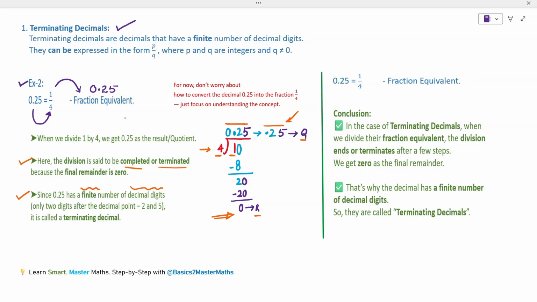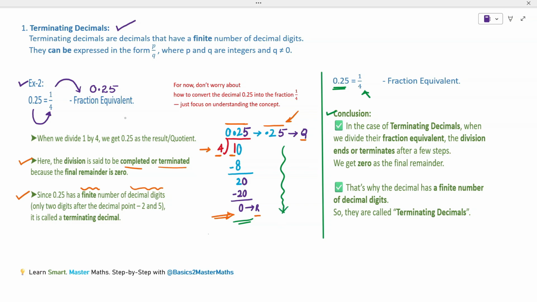So the conclusion is, in case of terminating decimals, when we divide their fraction equivalent, the division ends or terminates after few steps.